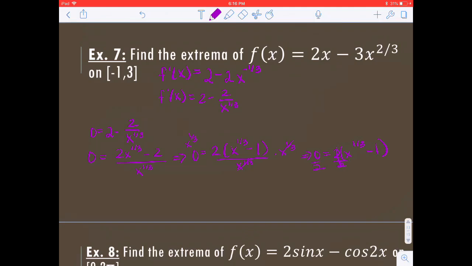Divide by 2, those cancel out. We still get 0 equals x to the 1/3 minus 1. Add 1, so 1 is equal to x to the 1/3. Well, cube it. So x is equal to 1.